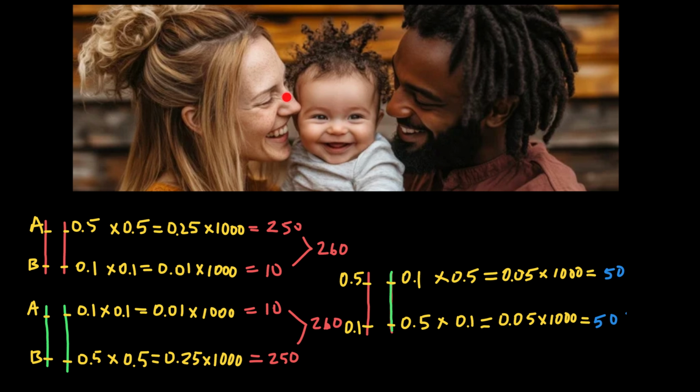If we take, for example, 1,000 people from this population, regardless of sex, and 1,000 people from this population, regardless of sex, and if they mate and have 1,000 children, on the overall we expect that 50 of them are going to have this genetic disorder and 50 are going to have this genetic disorder.